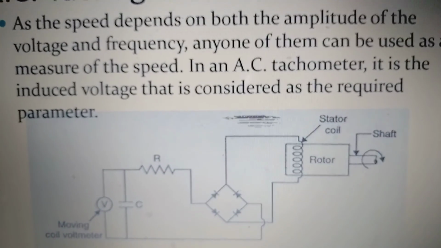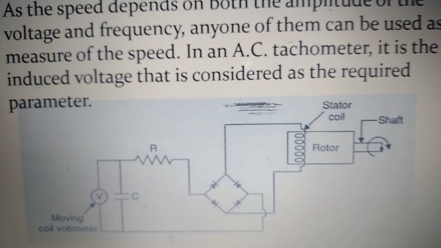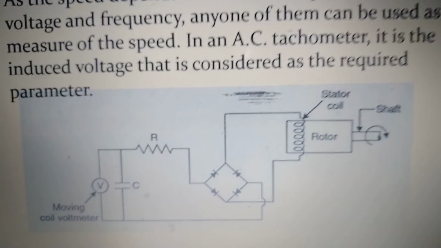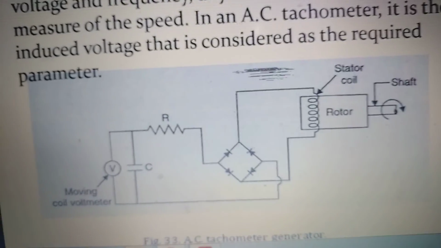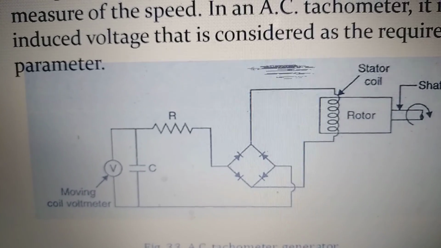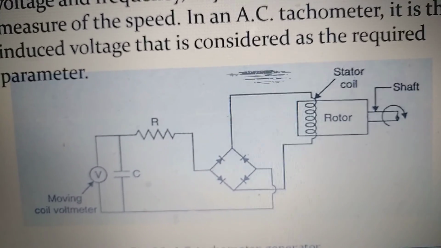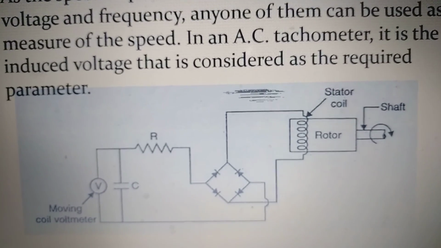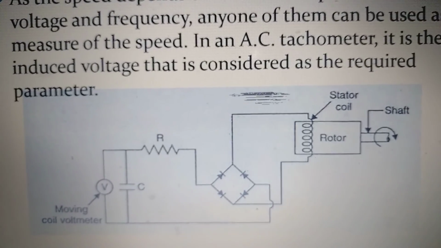The voltage is applied to the rectifier bridge circuit to get a DC voltage, connected across the moving coil voltmeter. So the magnitude of voltage is directly proportional to the speed of the rotational shaft in RPM.